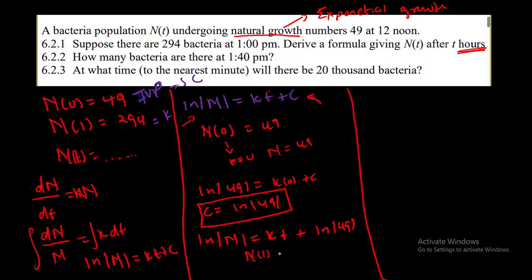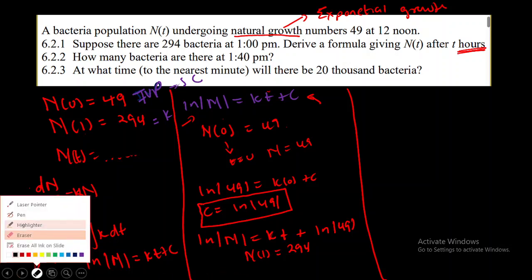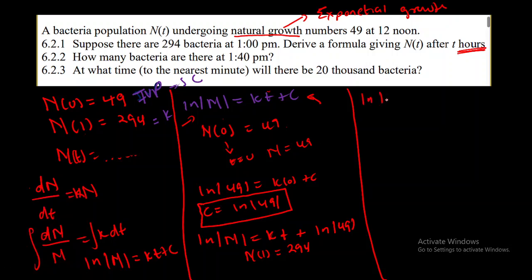And now we can get the value of k by substituting our BVP, which is N of 1 is equal to 294. If we substitute N of 1, which is equal to 294, we're going to get ln of 294, which is equal to k plus ln of 49.